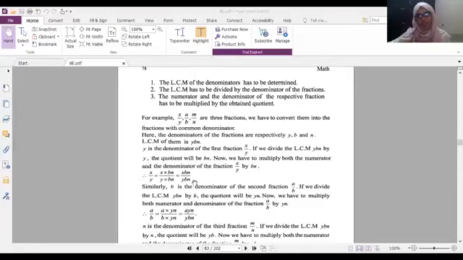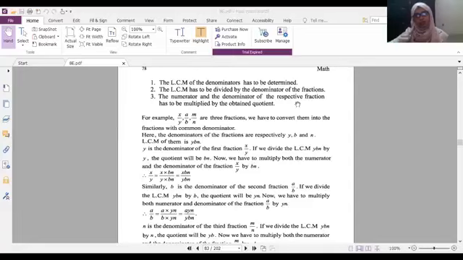Next fraction, a by b. Here b is the denominator. We get the LCM of these three denominators is ybn. Now, step 2 says the LCM has to be divided by the denominator of the fractions. Now, this LCM divided by this denominator, we get ybn by b is equal to yn, the quotient.